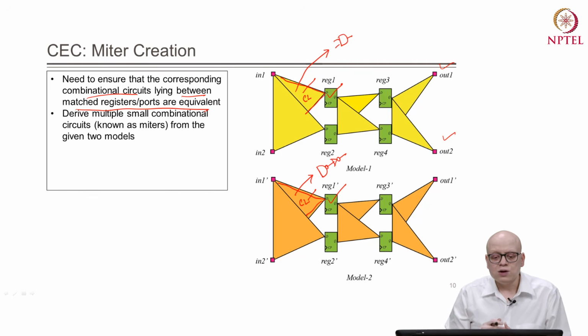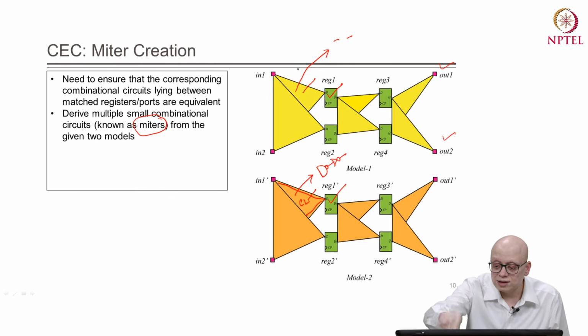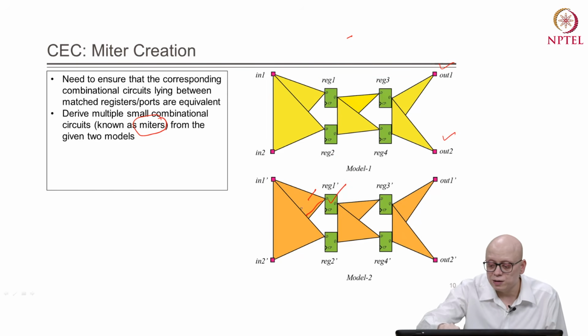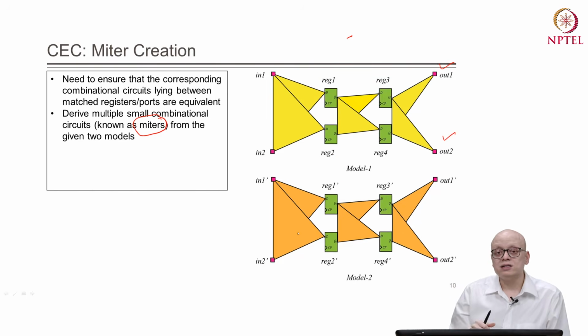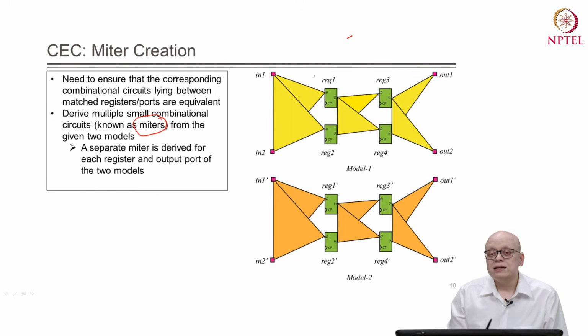To do this, we create small combinational circuits, which are known as miters, for the two models. Using the original circuit, we create multiple miters for the two models, and we create separate miters for each register.